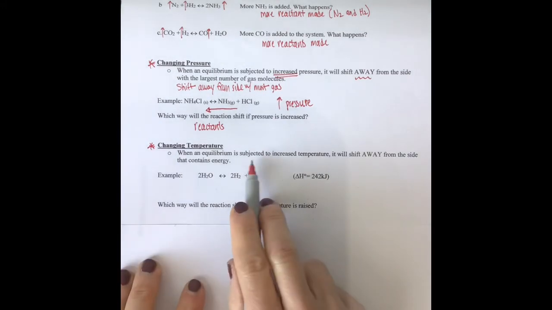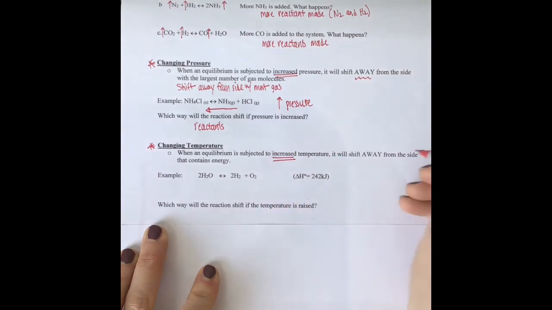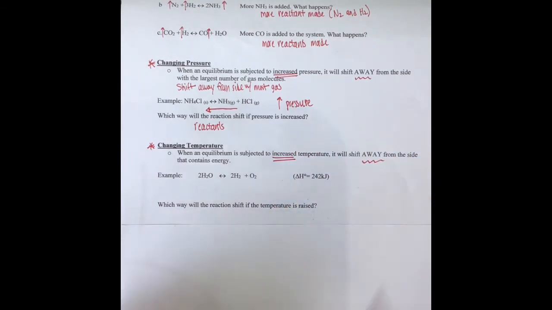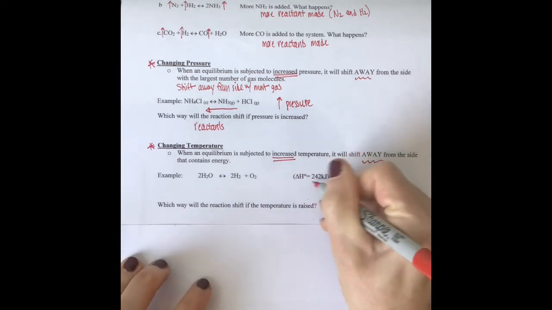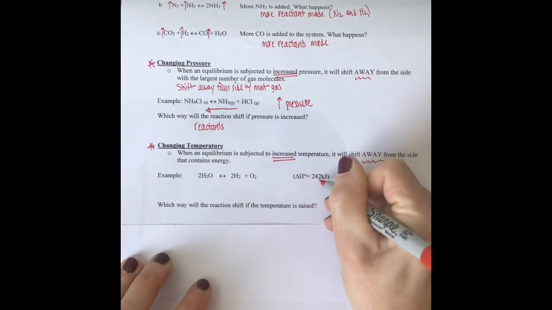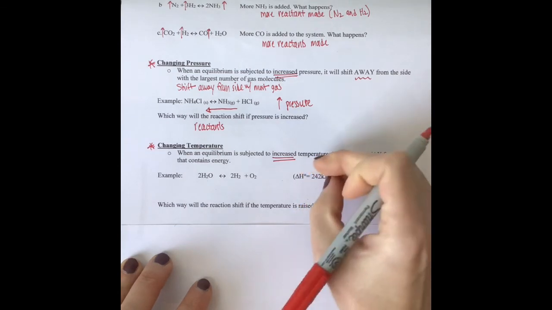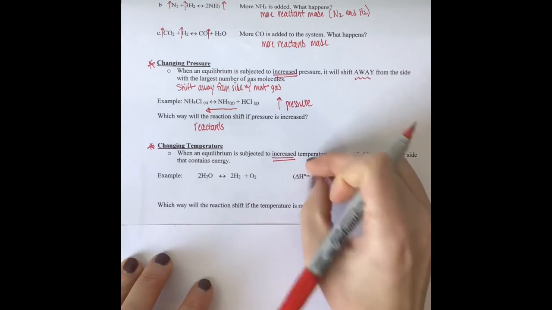When an equilibrium is subjected to increased temperature, it will shift away from the side that contains energy. Okay, so this is going to take us back to our unit that involved endo and exothermic reactions a little bit. So remember, the energy of a reaction, or the enthalpy, is written as delta H, and then you're given a value. And you need to know what that value is telling you.